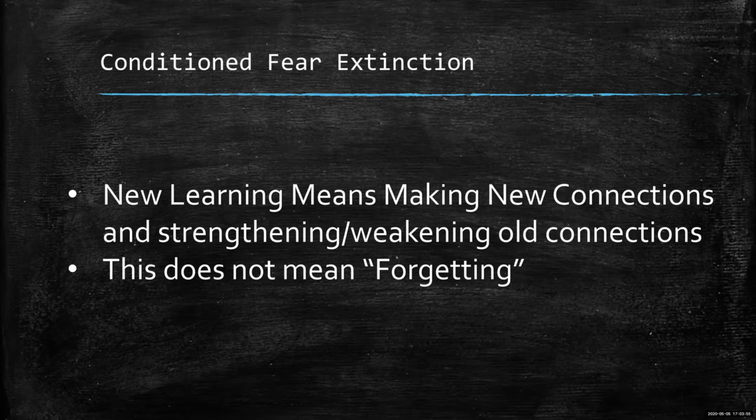So while that pathway was strengthened when the dog was being shocked and the bell was rung, over time, after you've only used the bell and not the shock, the dog begins to learn and make new pathways and strengthen new pathways that say, well, it's not a big deal, it's just a bell.